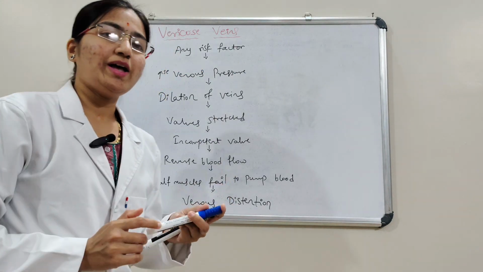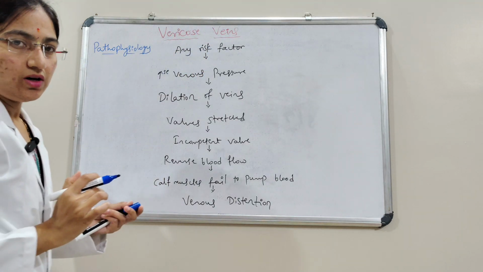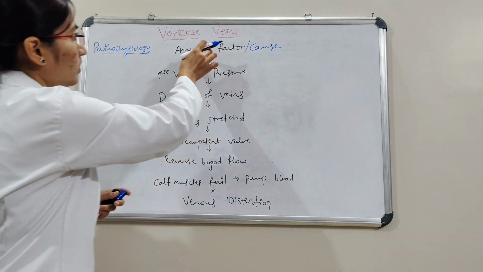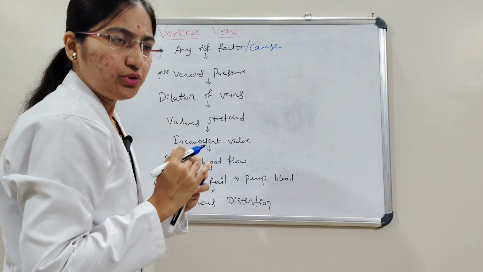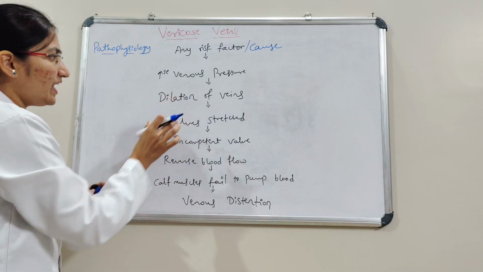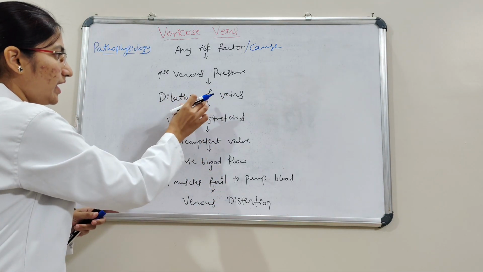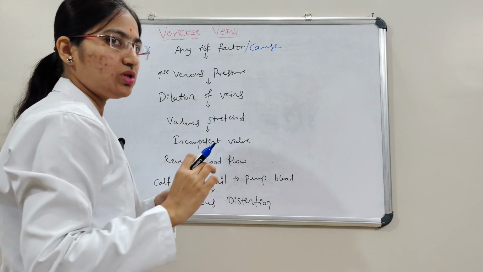Next we will see the pathophysiology of varicose veins. Due to any risk factor or cause, there will be increased venous pressure. Due to the increased venous pressure, there will be dilation of veins. Due to that dilation of veins, the valves are stretched. A valve is nothing but that which controls the flow.